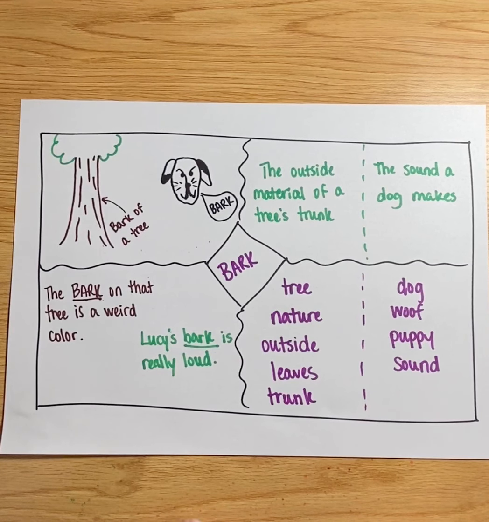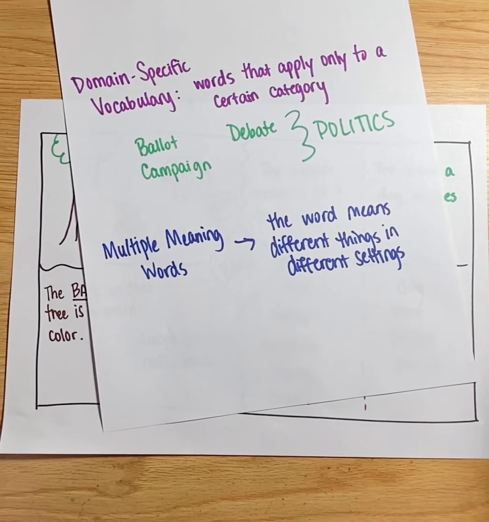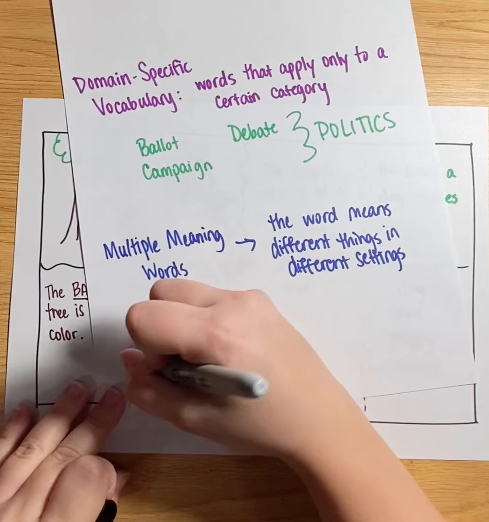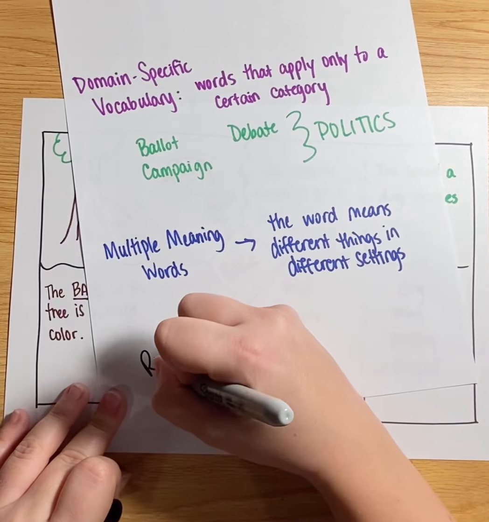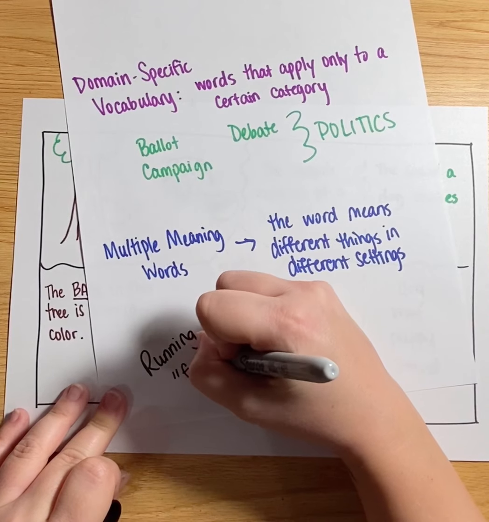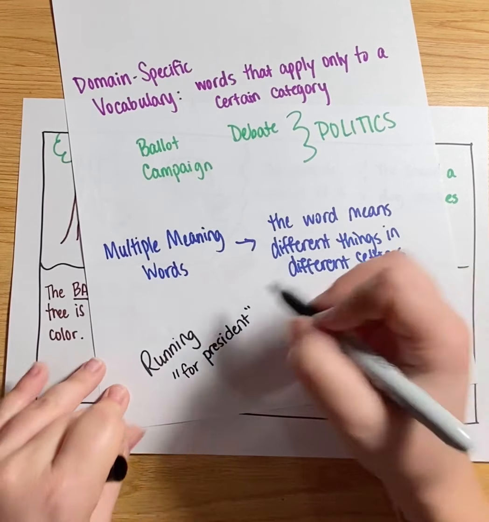Then your word that you're going to have 2 meanings for is going to be running. Now, when we're talking about running, there's 2 different types. So if we have running, there's running as in like for president. Okay.